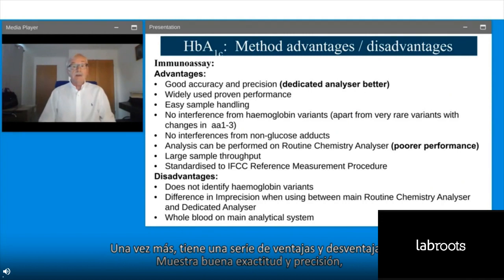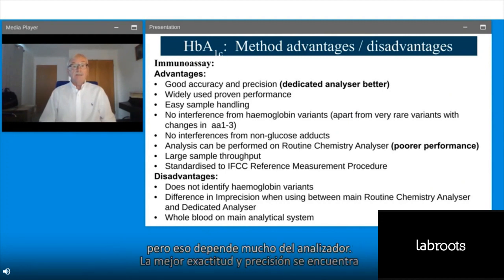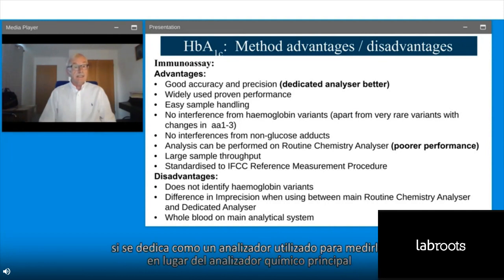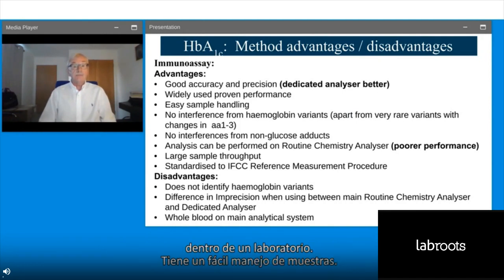Again, it has a number of advantages and disadvantages. It shows good accuracy and imprecision, but it is very analyzer dependent. The better accuracy and precision is found if a dedicated analyzer is used to measure it, rather than the main chemistry analyzer within the laboratory.